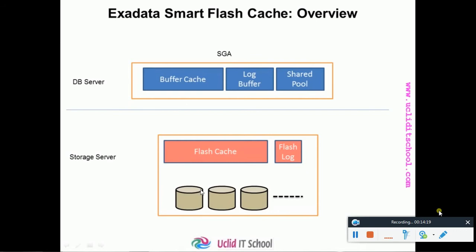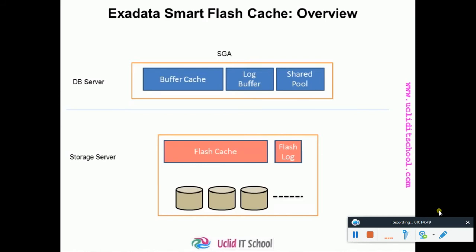So that way the physical disk IO is reduced a lot on Exadata. Less disk IO means more performance. And the flash cache is very big. Okay, it runs into terabytes, you know, right? Each Exadata storage server has 12.6 terabytes of flash storage, right? So it is huge storage.